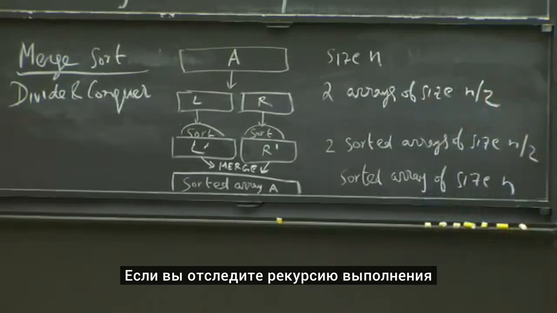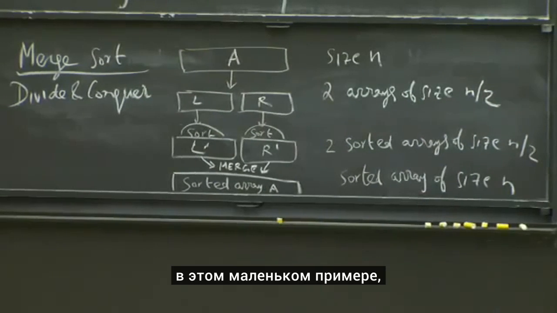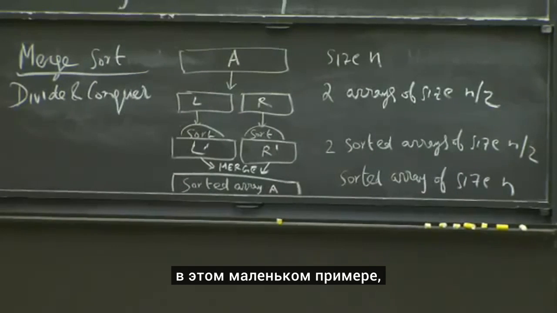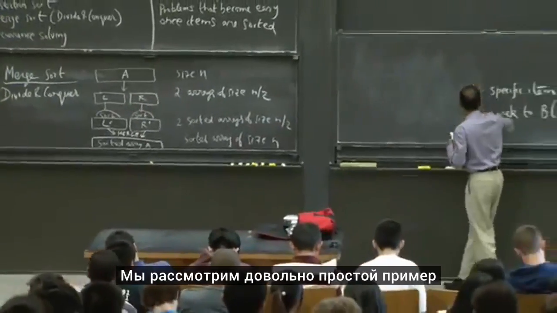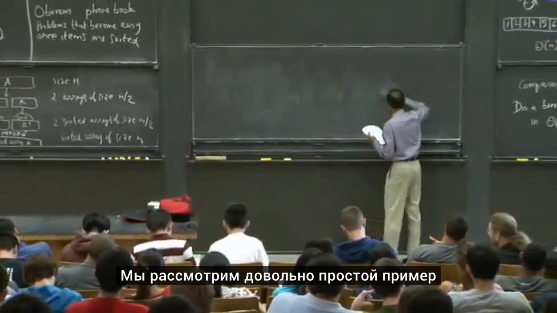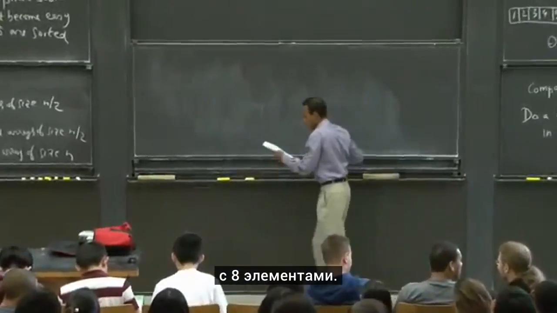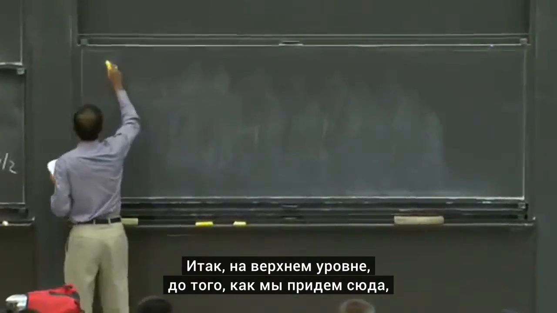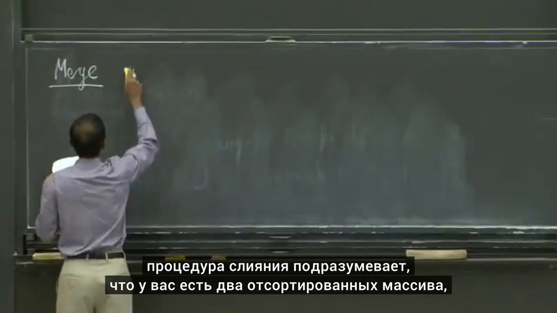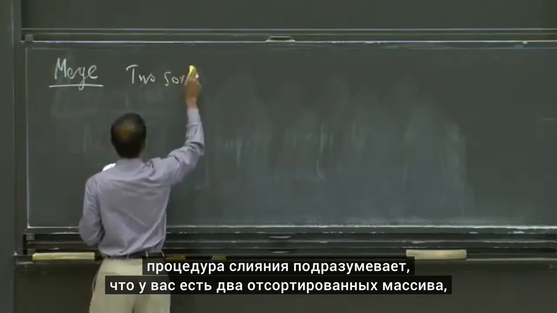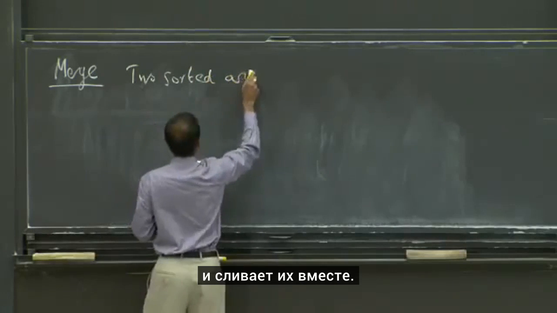So if you want to follow the recursive execution of this in a small example, then you'll be able to see how this works, and we'll do a fairly straightforward example with 8 elements. So at the top level, before we get there, merge is going to assume that you have two sorted arrays and merge them together.